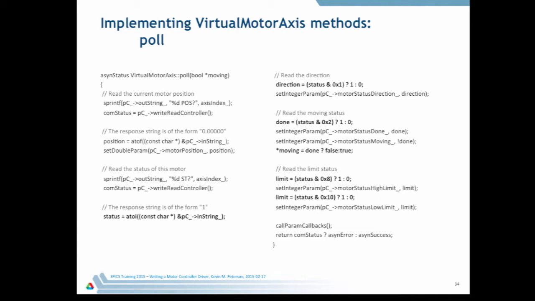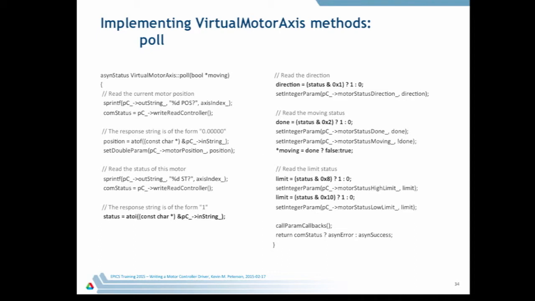Just that one. So we missed the slide where you send the status command, but that's not particularly interesting. After you send the status command, you parse it on various lines, because most controllers respond with a number of some sort, and the bits of that integer are important.